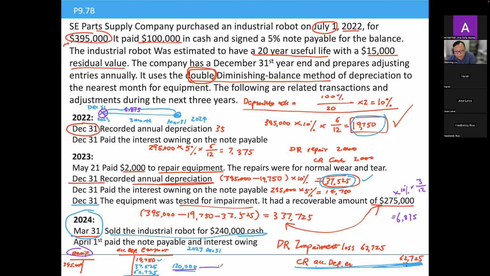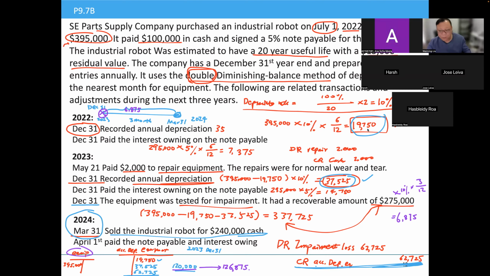What's my balance now after the update? 126,875. Does that make sense? Yes. Good.